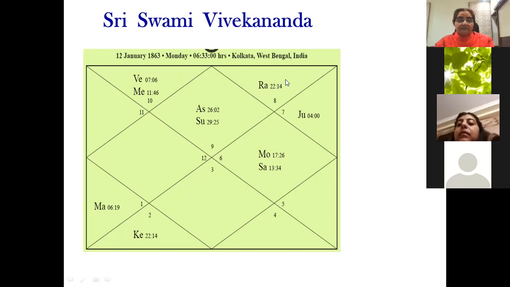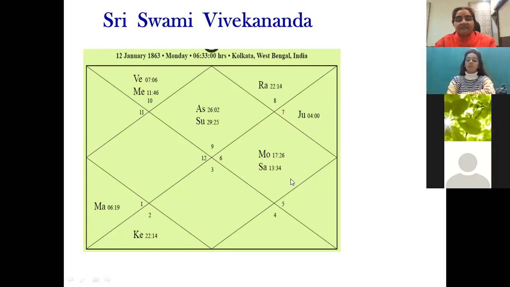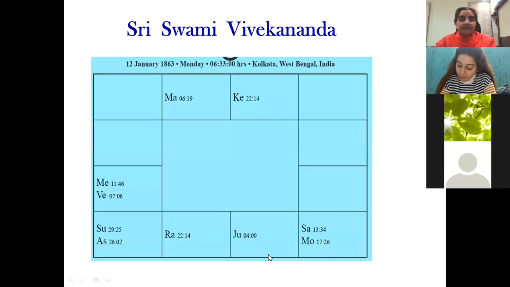Rahu in 12th house, Venus and Mercury are in second house. Jupiter is the Lagna Lord and it is placed in 11th house, Libra sign. And in the 10th house, Moon and Saturn are there. Mars is in its own house, Mool Trikona Rashi. And Ketu is here in the 6th house. This is the chart. Okay.